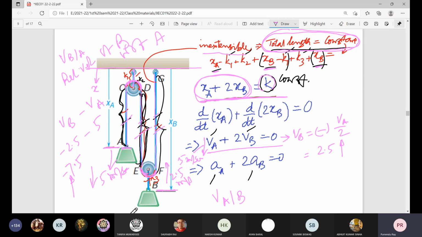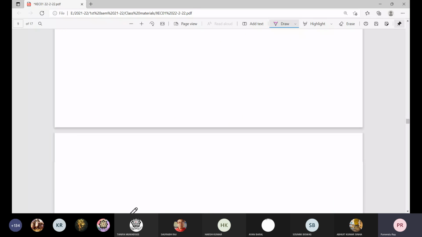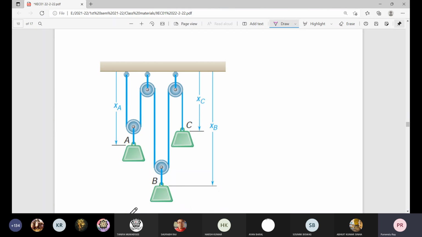Okay. Now, a similar situation may be here. Here we have 4 pulleys. 2 are fixed with the ceiling and 2 of them are moving. So for this pulley A, there will be some movement, or this pulley is attached with this block.